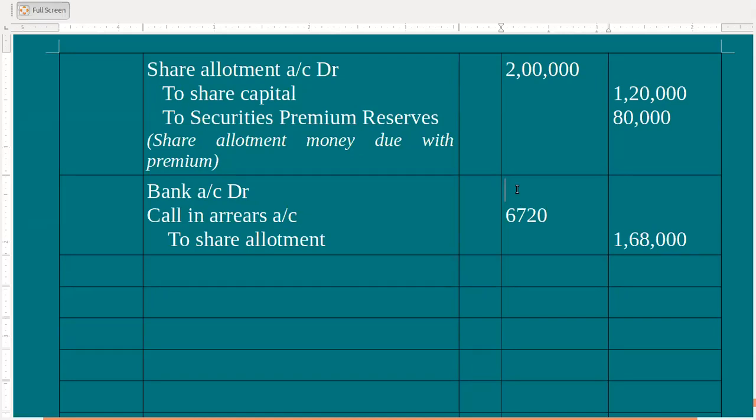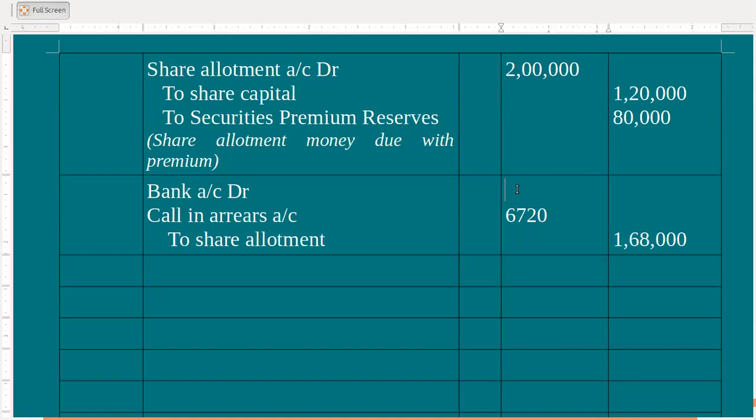How to calculate the remaining portion? Actually, we have to receive 1,68,000, right? From which Mukesh is not paying 6,720. What will be the answer?